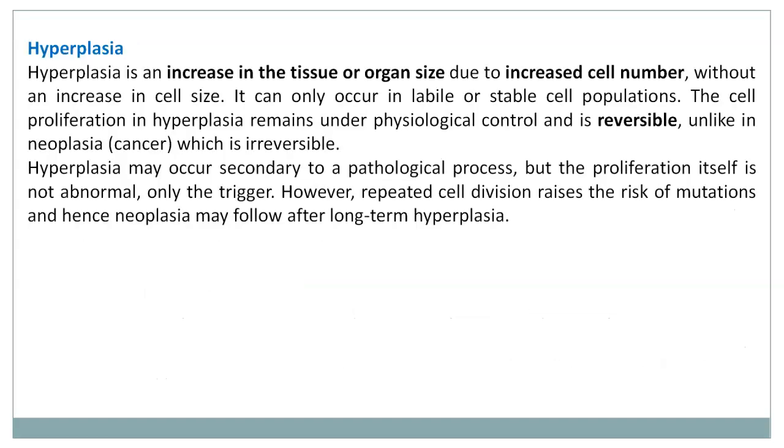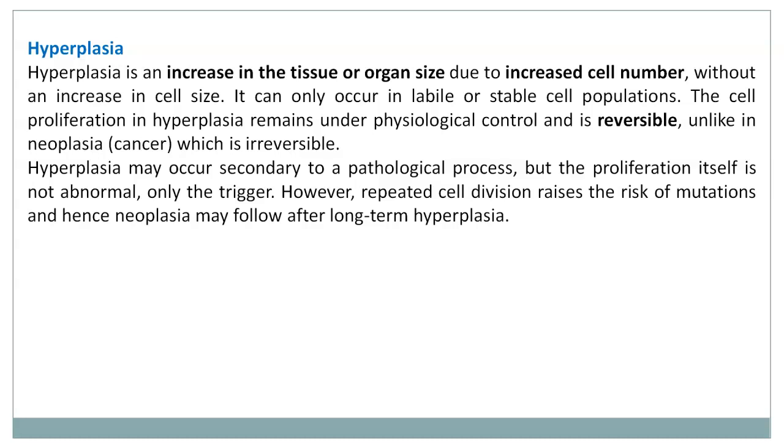Moving to the next one, hyperplasia. Hyperplasia is an increase in tissue or organ size due to increased cell number. So in hyperplasia there is an increase in cell number without an increase in cell size, and it can only occur in labile or stable cell populations. The cell proliferation in hyperplasia remains under physiological control and it is reversible.